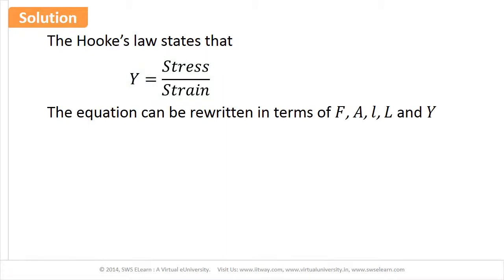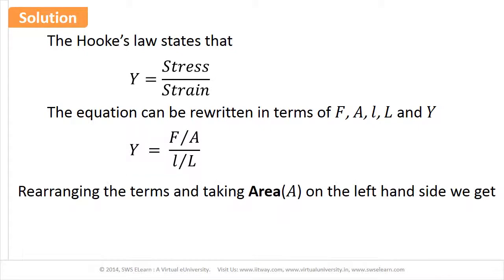The equation can be rewritten in terms of F, A, small l, capital L and Y, and therefore Y is equal to capital F upon capital A, the whole upon small l upon capital L. Rearranging the terms and taking area capital A on the left hand side, we get capital A equals force upon Young's modulus, and the whole upon extension upon length of the wire.